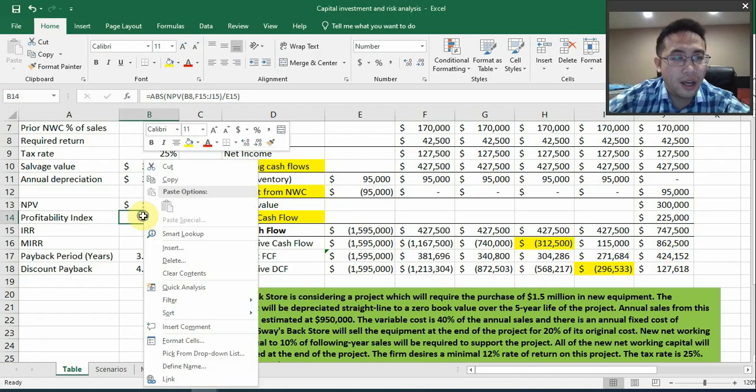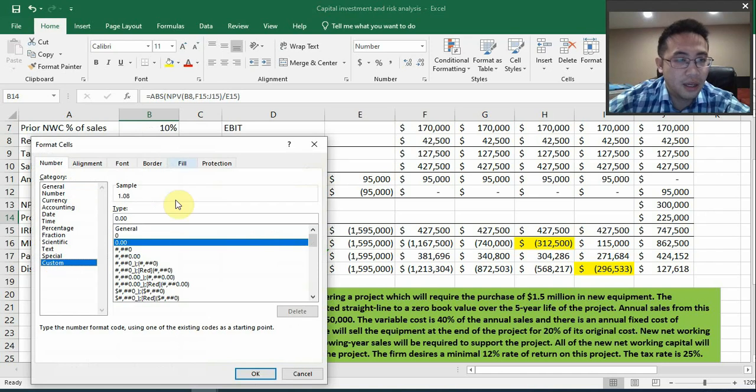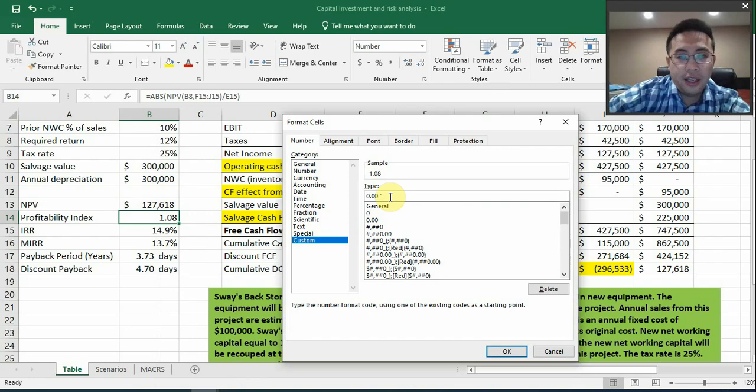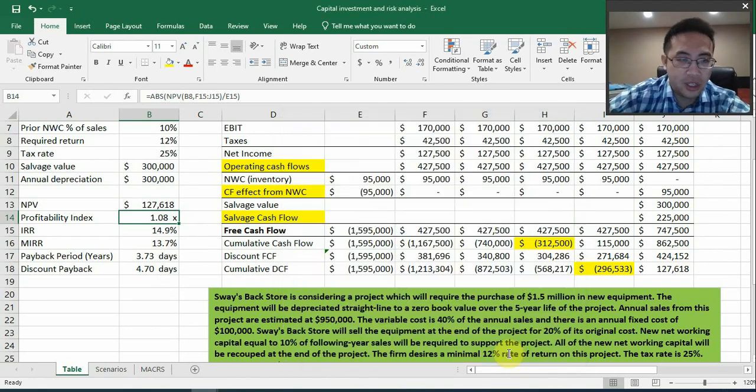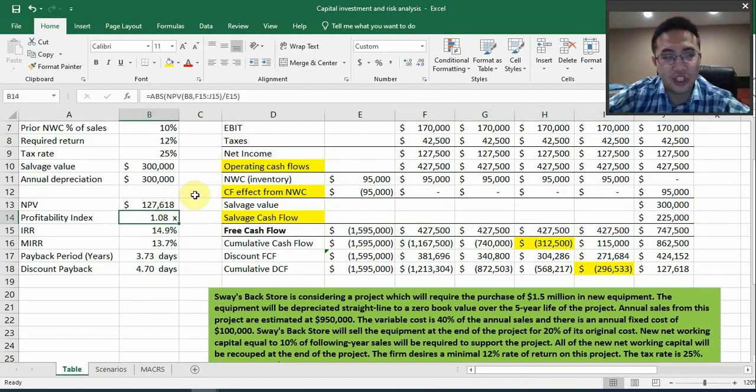And you can right click on this number, do format cells, and then go to custom, and you can see the number here should add a letter x, space x. And x basically means the number of times. 1.08x means the money you make in the years following the investment is 1.08 times the initial investment. So that's a surplus. You are making money. It's consistent with what we have learned in the financial ratio chapter.